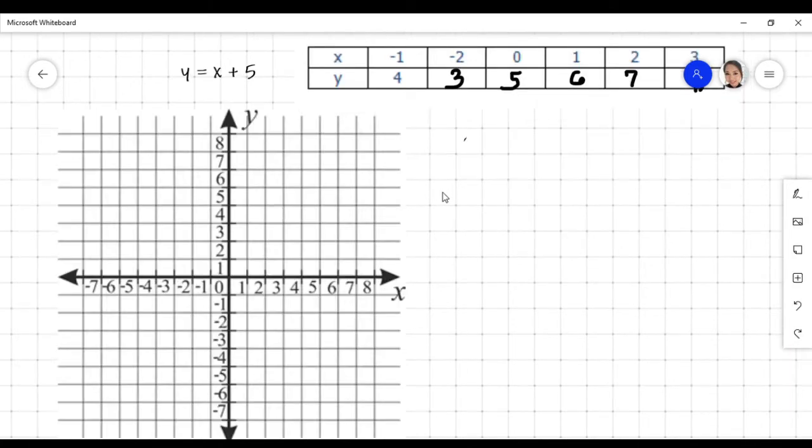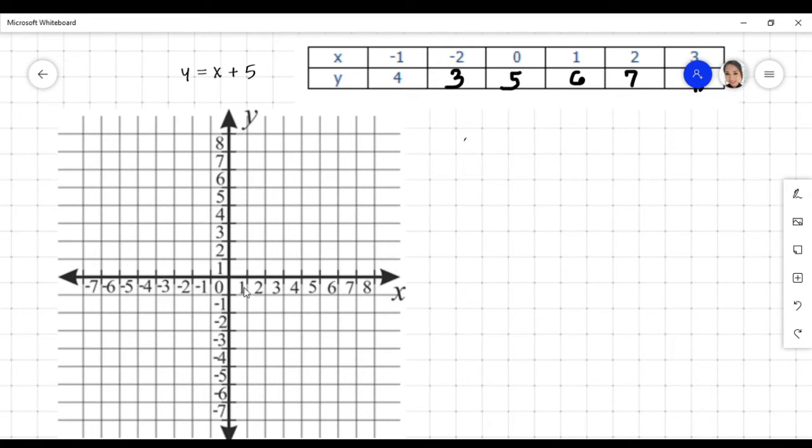We have here the rectangular coordinate system. So let's review some of the parts of it. So this line here is what we call the x-axis. Ito yung line na nakahiga. At saka this line here is the vertical line, or we call it the y-axis.